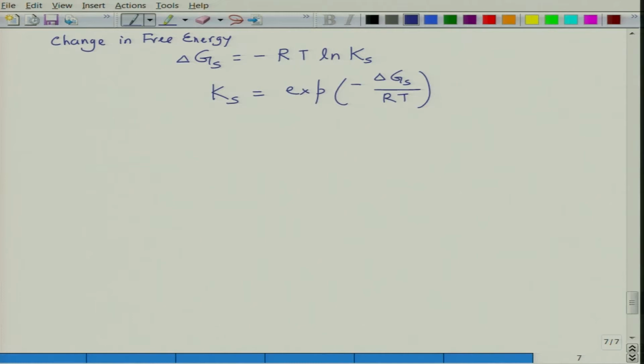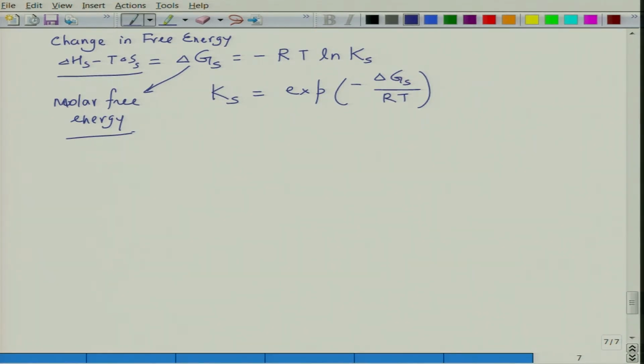Here delta Gs is the molar free energy of defect formation, equal to delta Hs minus T delta Ss. Delta Hs is the enthalpy of defect formation, and delta Ss is the change in entropy, which is mainly vibrational in nature, and we ignore that for most cases.